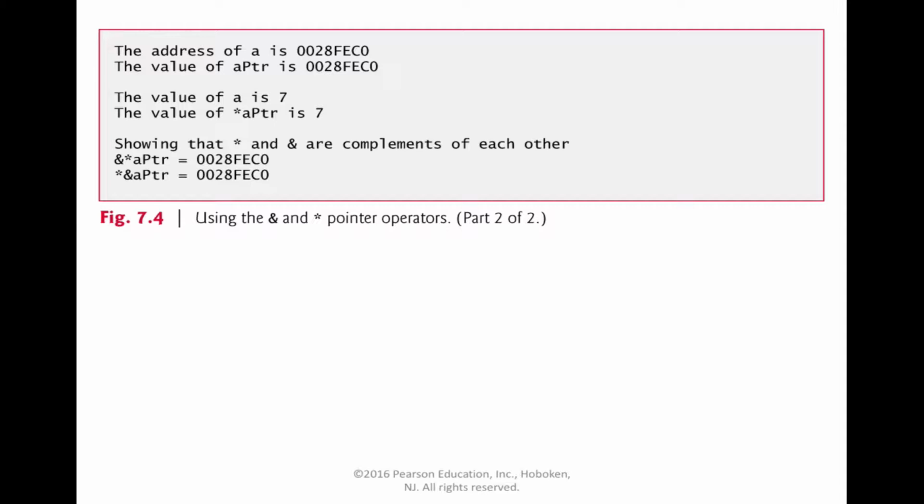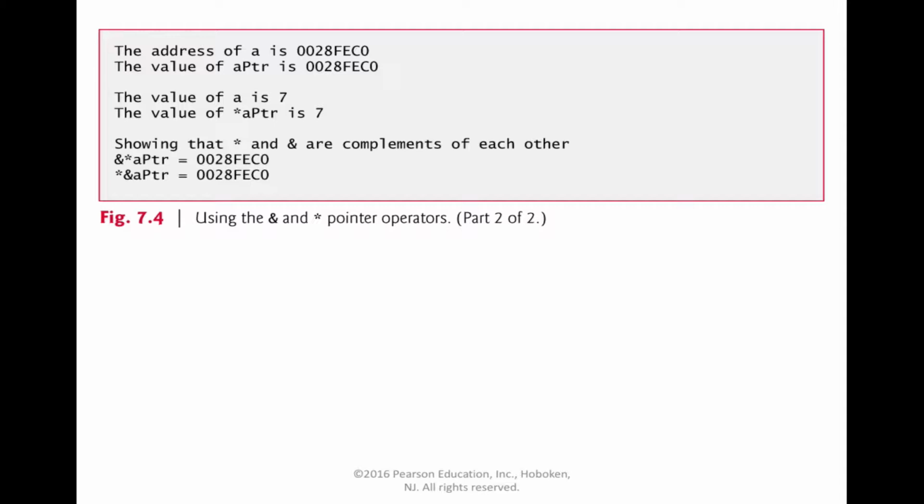If we take the address of the dereferenced value of a pointer, we get the memory address. If we get a pointer to the memory address of a pointer, we also get the memory address. So you can see that the values complement each other. We're not going to find many situations where asterisk ampersand and ampersand asterisk are used together.